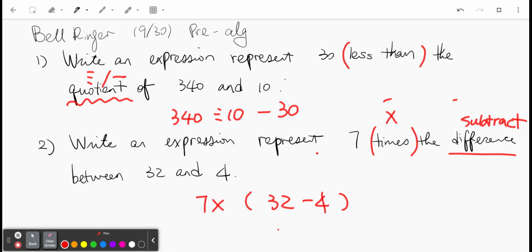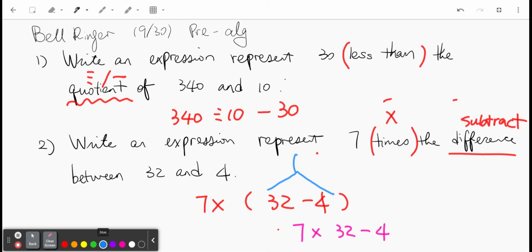Let me show you another one. What if I do not put that difference into parentheses? What if I write 7 times 32 minus 4? Is the second one in pink the same as the expression we're writing down? No, very good. Why is that? There's no parentheses, so you can do whatever you want. That's right. In the actual expression, we have parentheses. That means we do the difference first, right? So it aligns with the difference between 32 and 4.